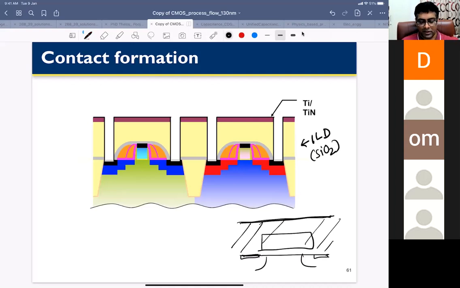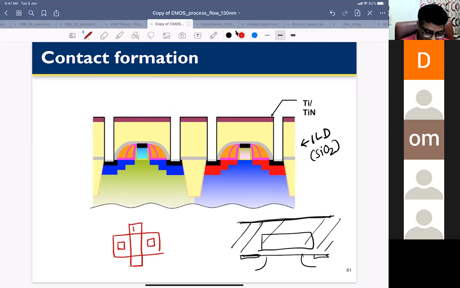So basically here, when you draw a transistor layout, right? You have your active region, and this is your gate, right? Then you have to contact your source, drain and gate. So you draw contacts, and the contacts are drawn as squares, right?